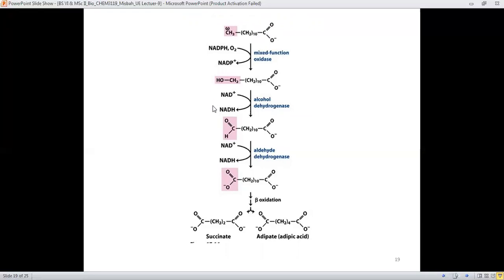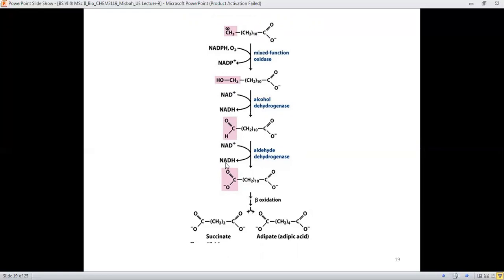Therefore, hydrogen is removed, and the hydroxyl group is changed into the carbonyl. And because the carbon oxygen bond is double, the hydrogen which is present at the methylenic end should also be removed. And this hydrogen is taken away by the NAD. And NAD is always written as NADH plus H.